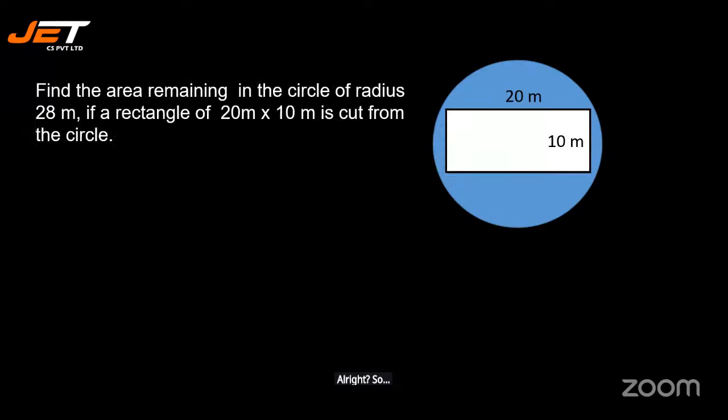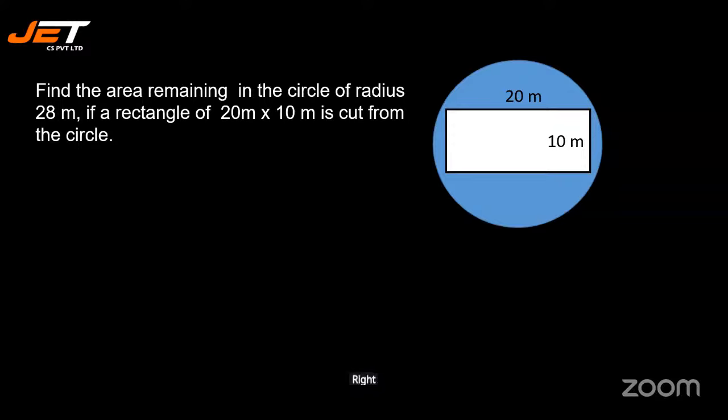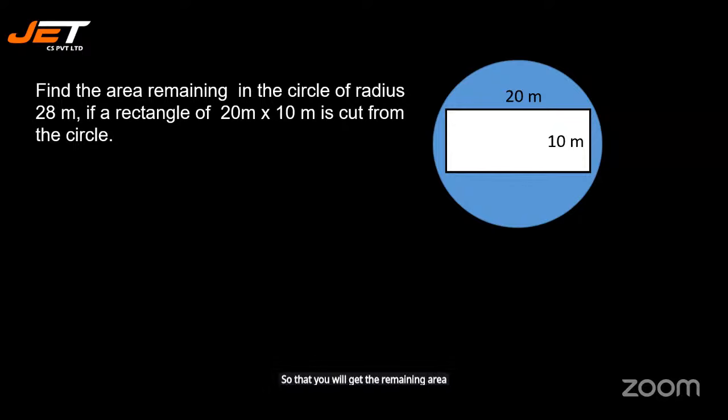You have to find the area of the full circle. Next, find the area of the rectangle. They are asking the area remaining in the circle, so from the area of the circle, deduct the area of the rectangle, so that you will get the remaining area in the circle.